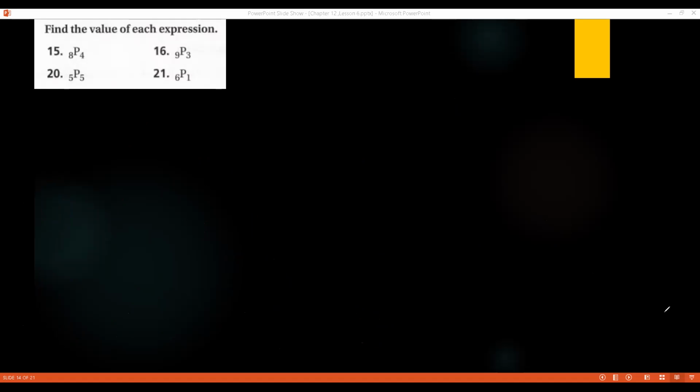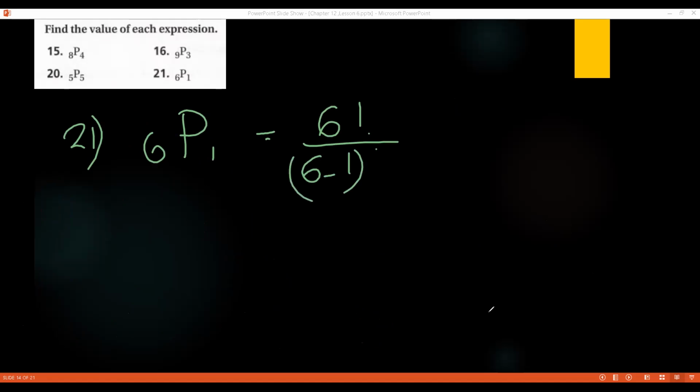The last one now, 21. Permutation of 1 from 6. 6 factorial over what? 6 minus 1 factorial, which means the answer will be 6. So if you have permutation of any number from the same number, like 4 from 4, 3 from 3, 2 from 2, it will be the same number factorial.